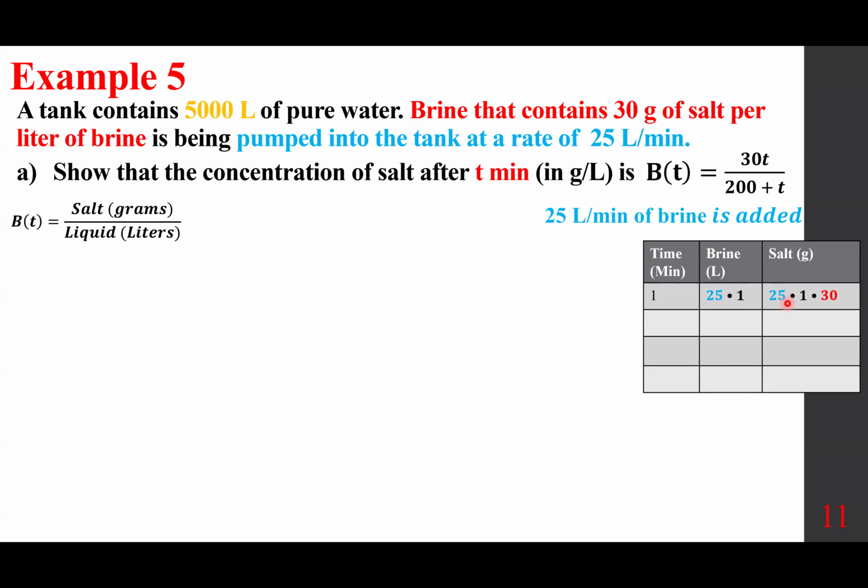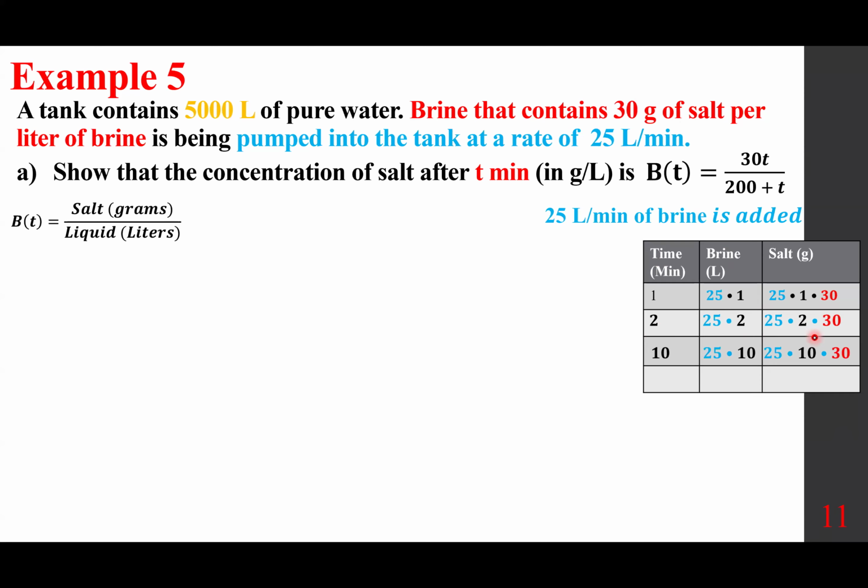After 2 minutes, that means 25 times 2 liters, and 25 times 2 times 30 grams. We just want to make sure absolutely everybody understands. Let's say 10 minutes. At 25 liters per minute, that's 25 times 10 liters of brine, each one giving us 30 grams of salt. But that's not what we are doing.